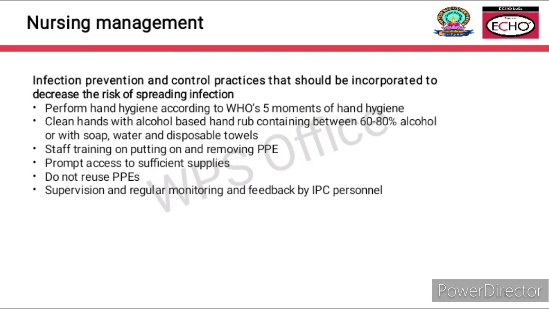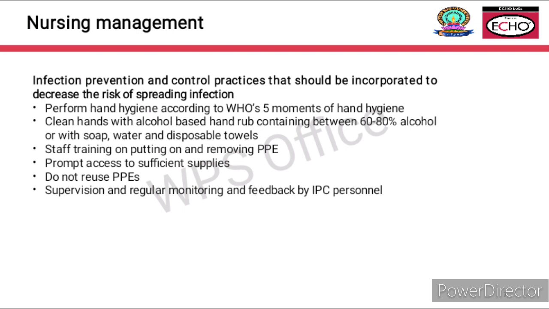In the nursing management, under the infection prevention and control practice, the steps incorporated to decrease the risk of spreading the infection are performing hand hygiene according to WHO, that is, cleaning hands with alcohol-based hand rub containing between 60 to 80% alcohol, or with soap, water, and disposable towels.